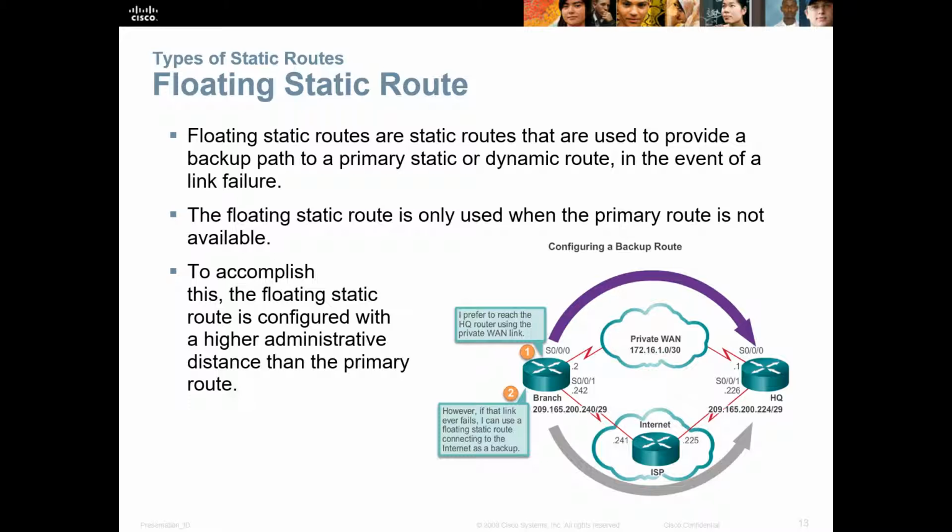To accomplish this, the floating static route is configured with a higher administrative distance than the primary route. That way the lower administrative distance route is the primary. When that route is no longer available, the router will see if there is another route possible, even with a higher distance, and it will then take the primary role.